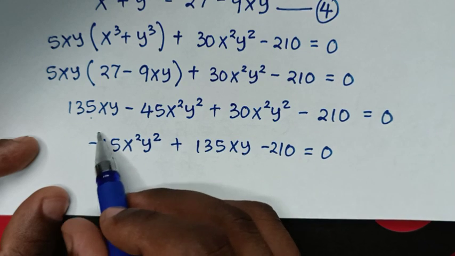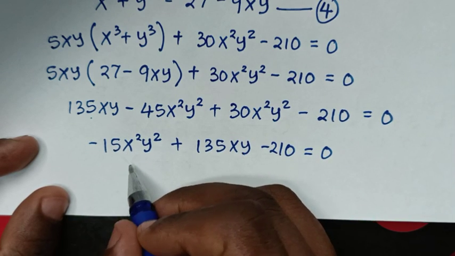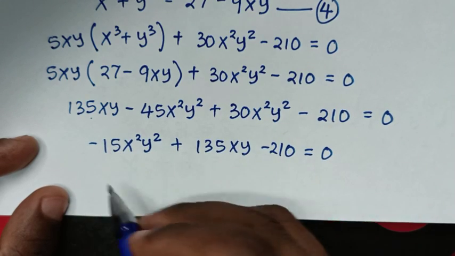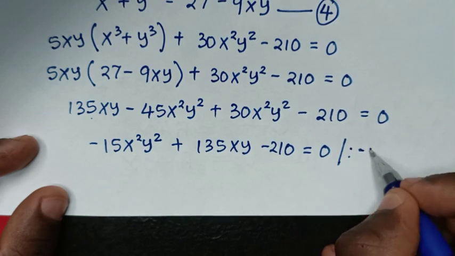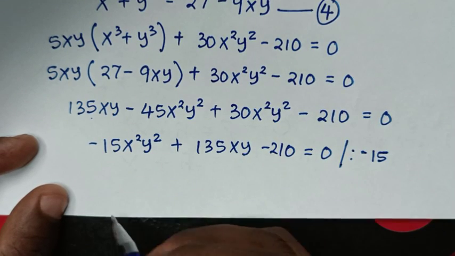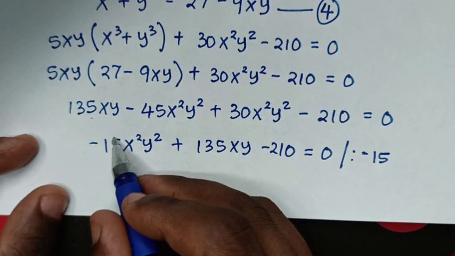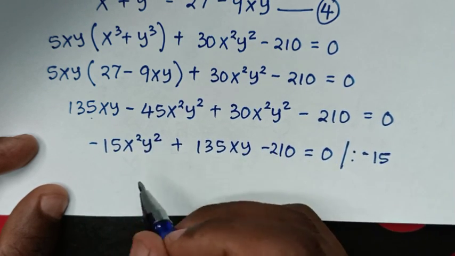Then we make this positive, because this is a quadratic equation in the form of xy. To make this positive, we divide the whole equation by negative 15. So this divided by this is positive 1, and this and this cancel, so it is 1 times x square y square.